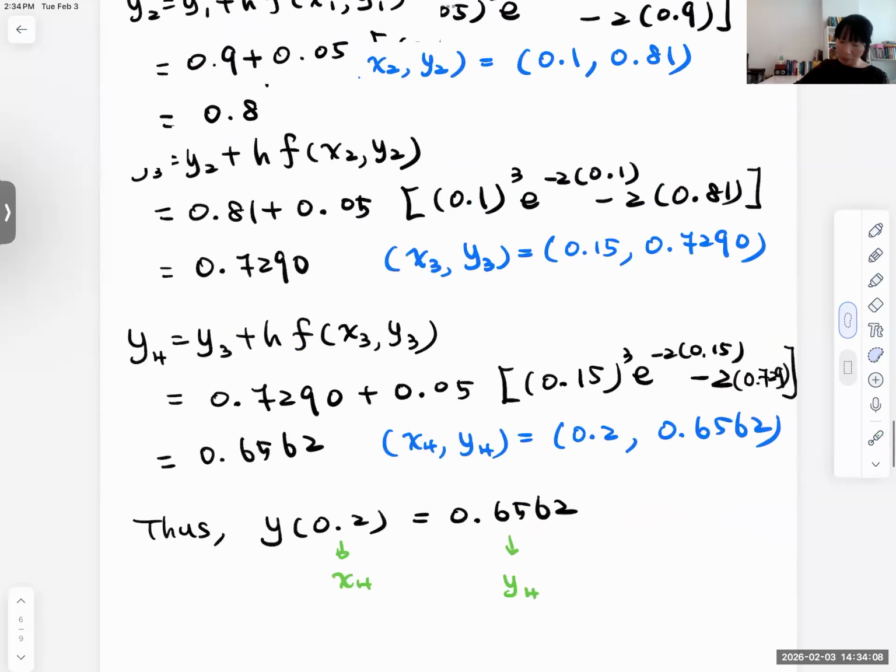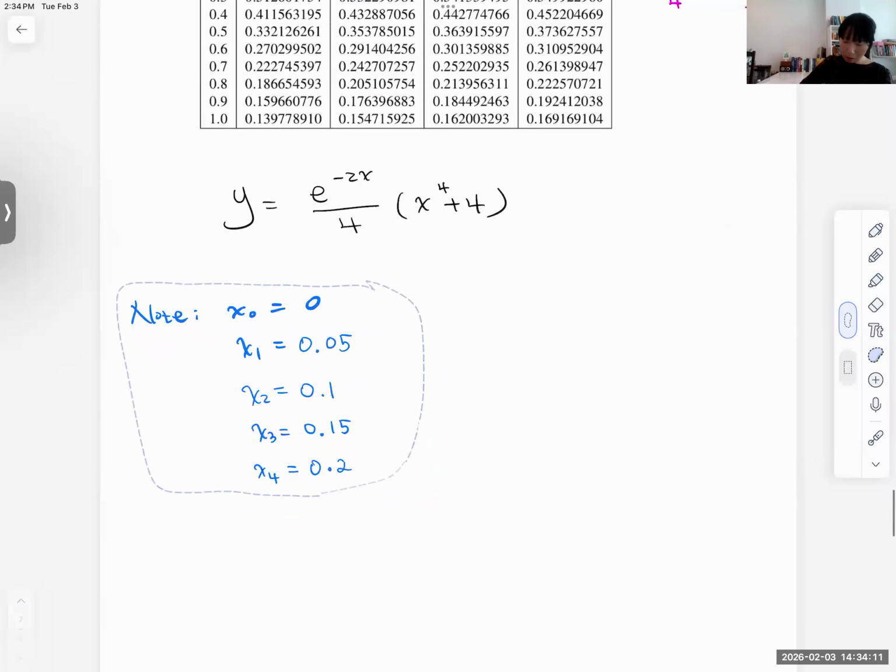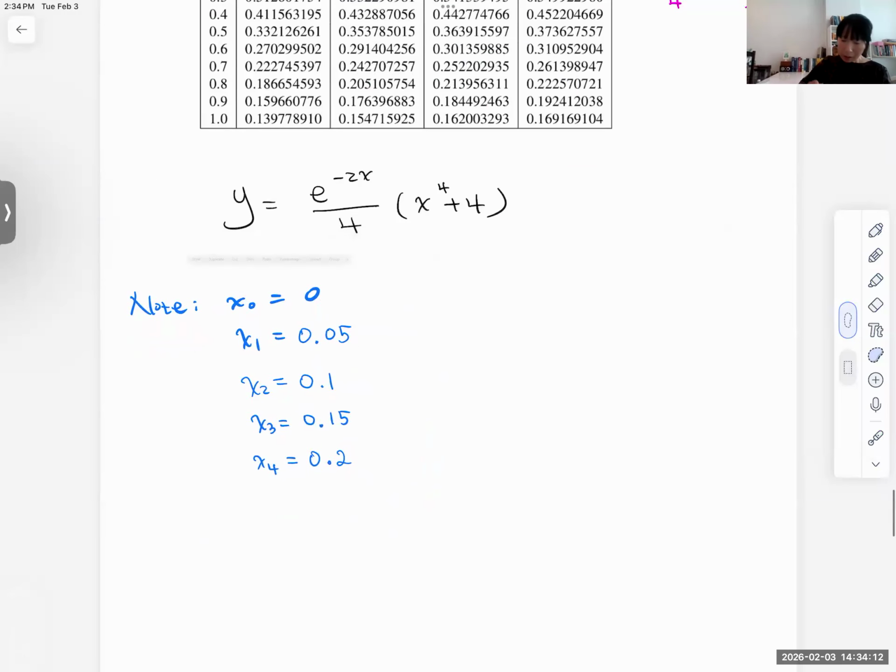So we just plug in. x naught equals 0, y naught equals e to the negative 2 times 0 over 4, times 0 to the fourth power plus 4. e to the 0 power is 1, and 4 over 4 simplifies to 1, right?